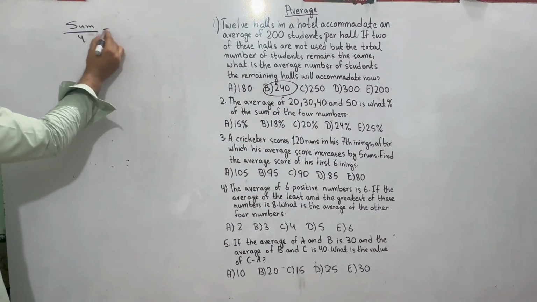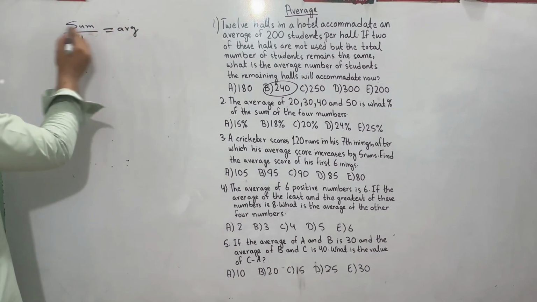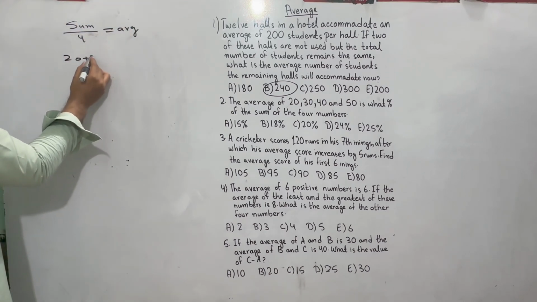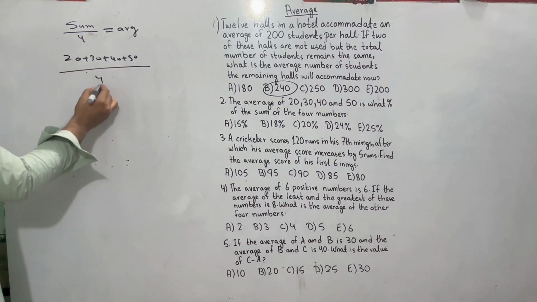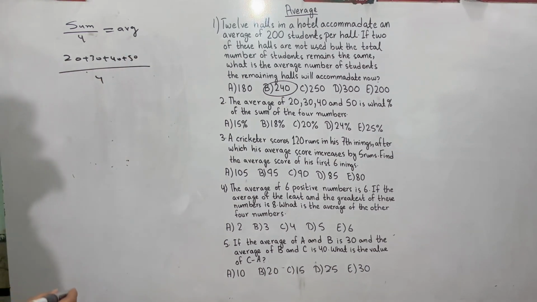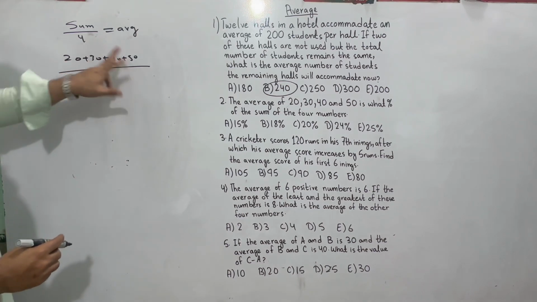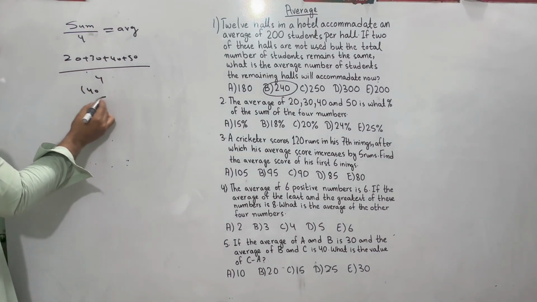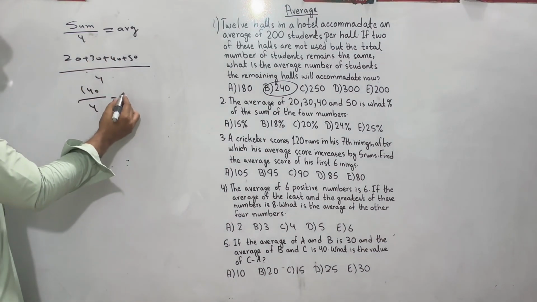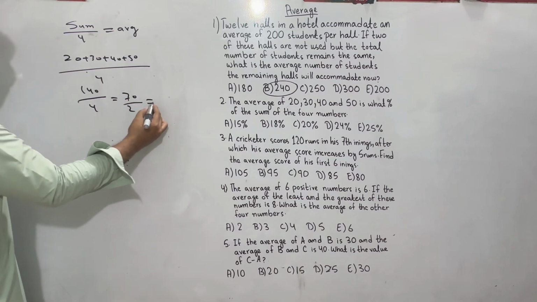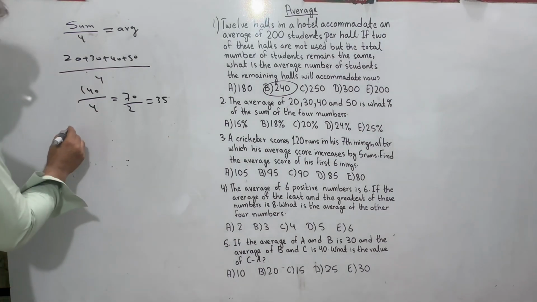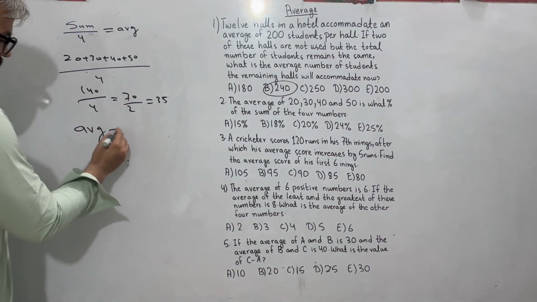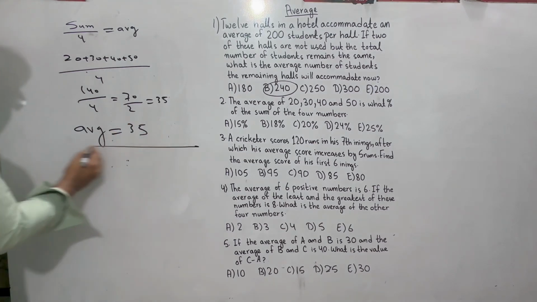Let me calculate the average: 20 plus 30 plus 40 plus 50 is 140, divided by 4. Applying table of 2, it becomes 70 over 2, or 35. So the average is equal to 35.